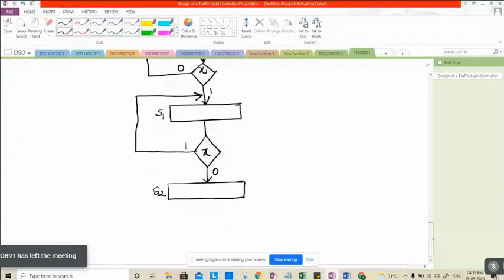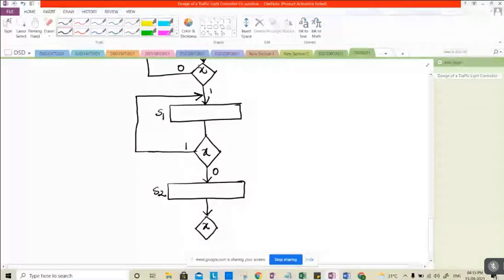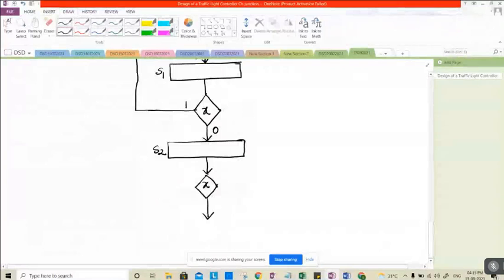Then after that, from S2, x value, if it is 1, what should happen? And if it is 0, what should happen? S2, sir. In S2, when it is 0, does it go to S2? In sequence detection, it should reset.